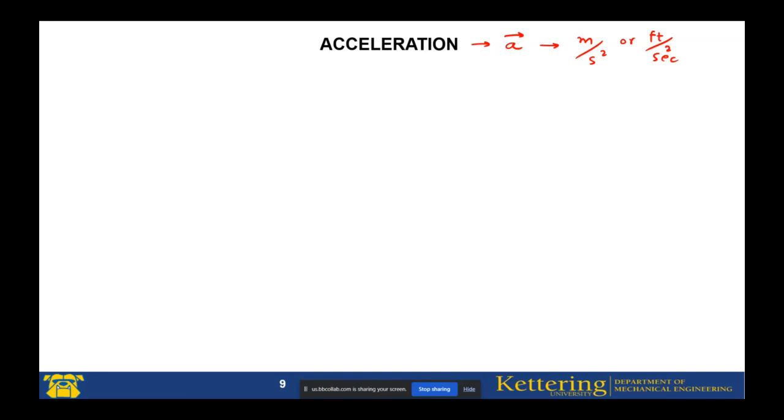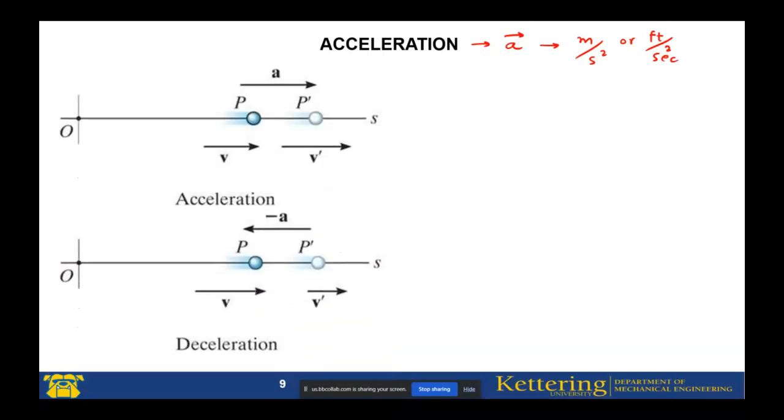Now, how can we find the acceleration? If a particle moves from point P, at this point the particle has the velocity v in the direction of the motion, and moves from point P to point P prime, where it has a velocity of v prime.